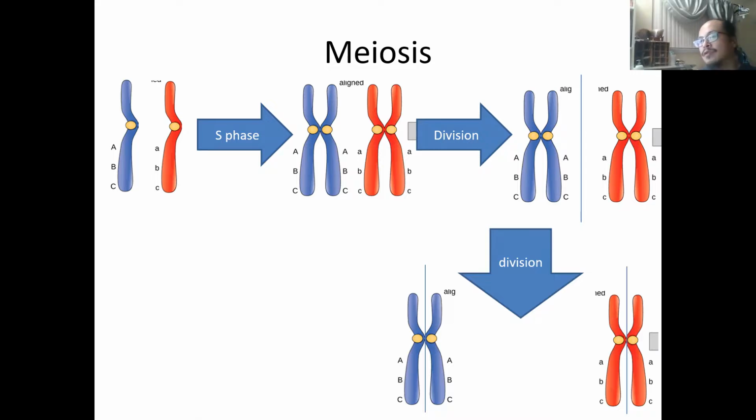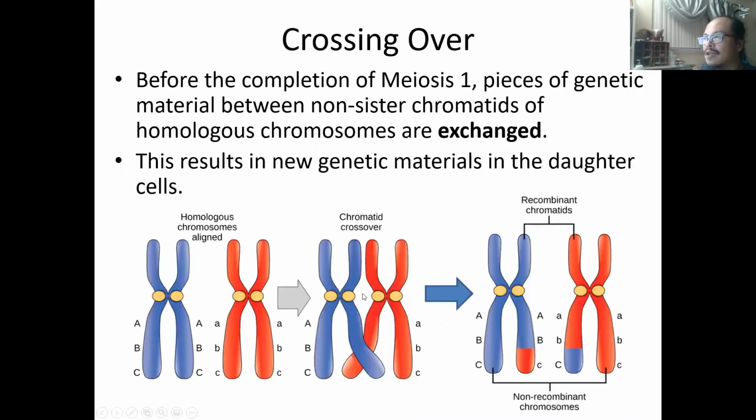Before we end, I want to introduce one concept that is called crossing over. What is it? When we conduct this meiosis, these chromosomes are very near to each other, and then there will be a situation like this. Before they separate apart, these two strings will have the chance to get exchanged.